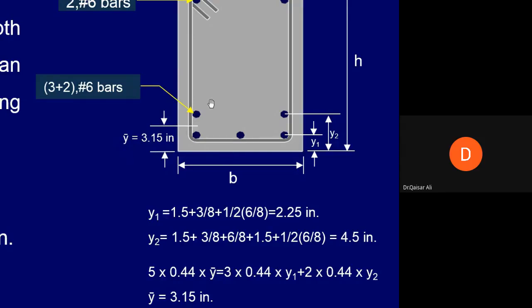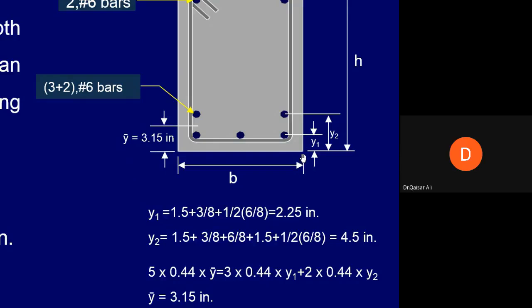So 5 into 0.44, which is the area of steel, into y bar, is the total moment about the bottom, and then the moment of these 3 bars separately and the moment of these 2 bars separately about the bottom of the beam. For 3 bars, this will be 3 into 0.44 into y1.